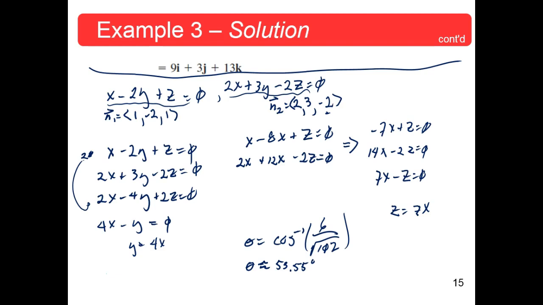Okay. Now, the way I did it, we get x equal x, obviously, y is equal to 4x, and z is equal to 7x. Okay? So guess what?